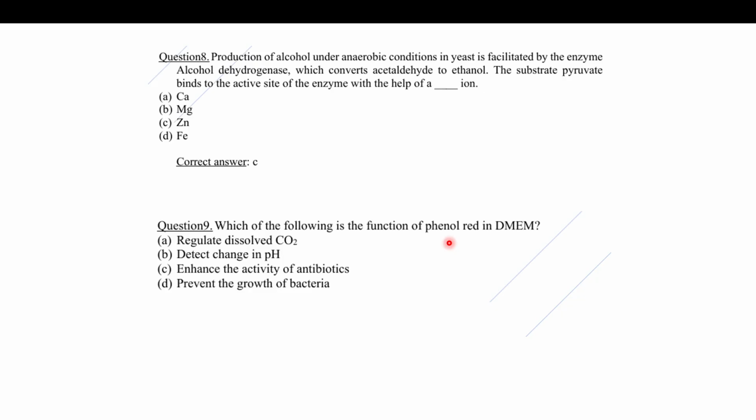Then one can even start afresh, adding fresh culture medium to help the mammalian cells thrive. So phenol red is basically to detect the changes in pH.